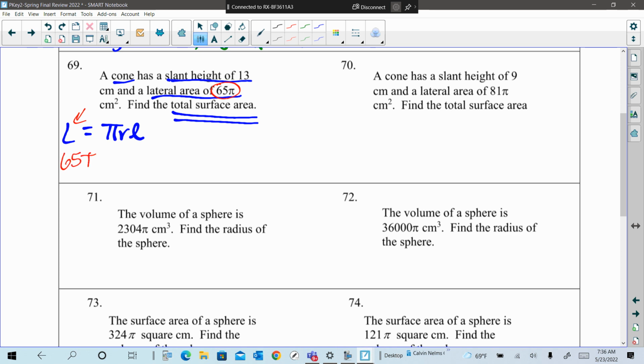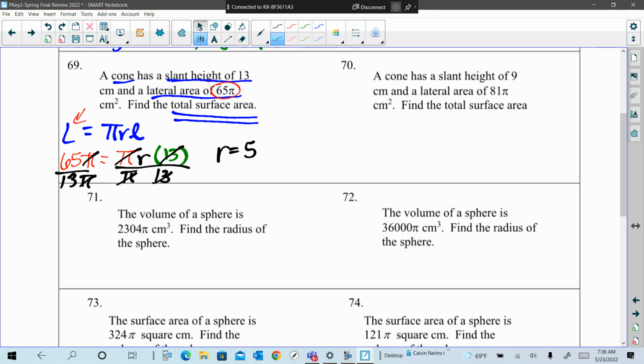So 65 pi is going to equal pi times my radius, which I don't have, but I do have my slant height, which was 13. So I need to find the R, the missing radius, so I can find the total surface area. To solve for R, you're just going to divide both sides by 13 pi. This will cancel, leaving the R isolated. My radius here is 5.